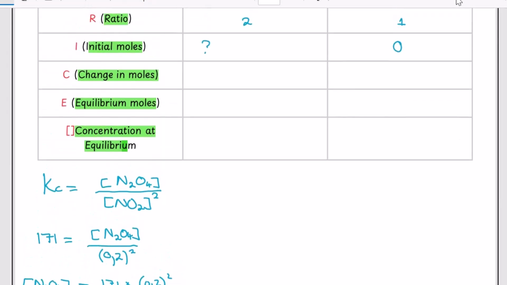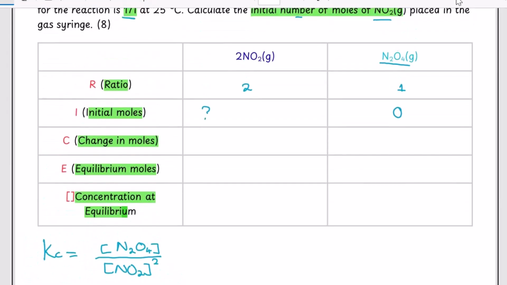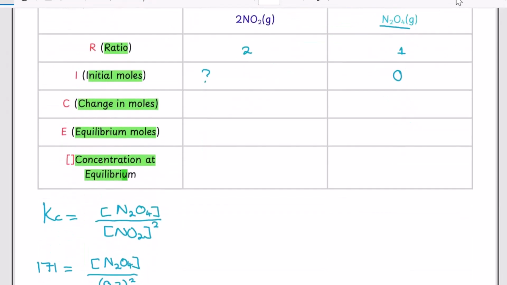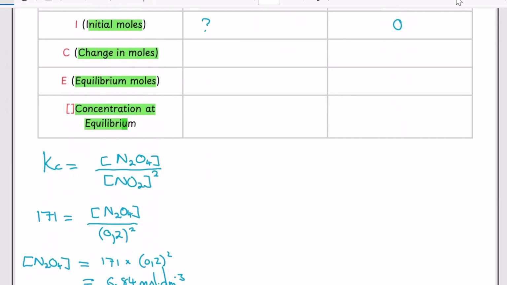So if I go up to my concentrations of N2O4 and NO2, N2O4 is going to be a value of what? This is my concentration at equilibrium for N2O4, so I'm going to substitute it there because it says concentration at equilibrium.